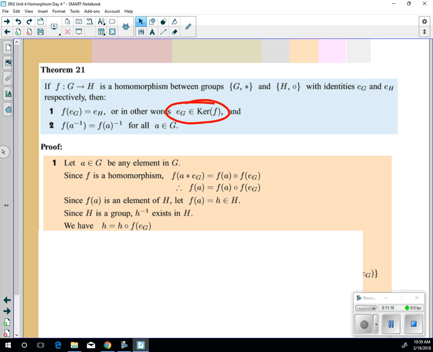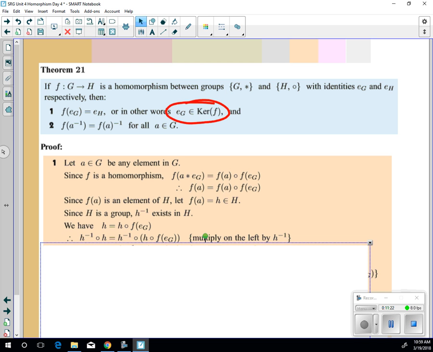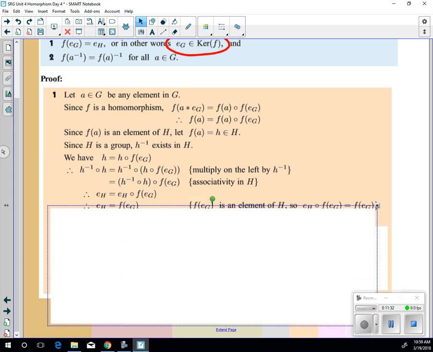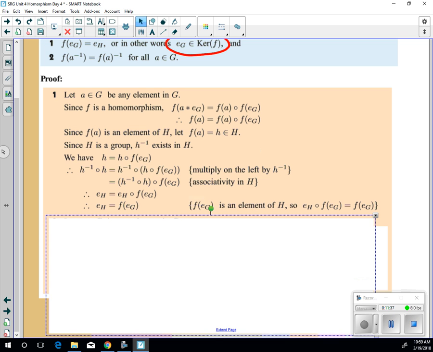So we can have H equal to H operate F of E of G, operate both sides by H inverse, and then H inverse operate H will give you E of H, and E of H operate that will be F of E of G. So that's how they did it.